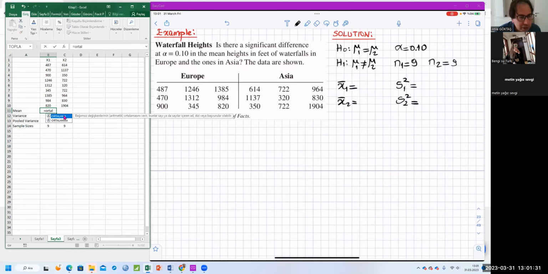Once you type the function, you open a bracket and select the data set you want to take the sample mean of. There you go. I easily get it right there. And I get the next one using the autofill function of Excel. I don't need to write the second function for the second sample, X1 and X2.